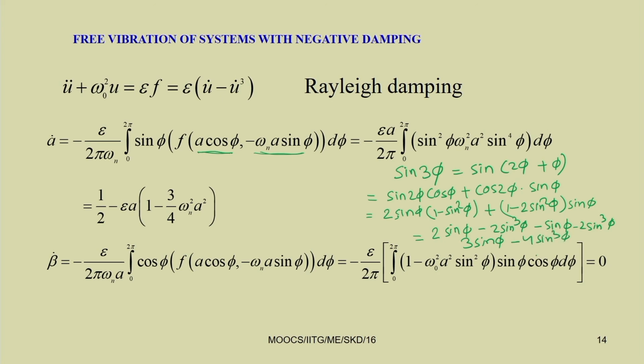So, from this you can find the expression for sin cube phi. Sin cube phi will be equal to 3 sin phi minus sin 3 phi divided by 4.